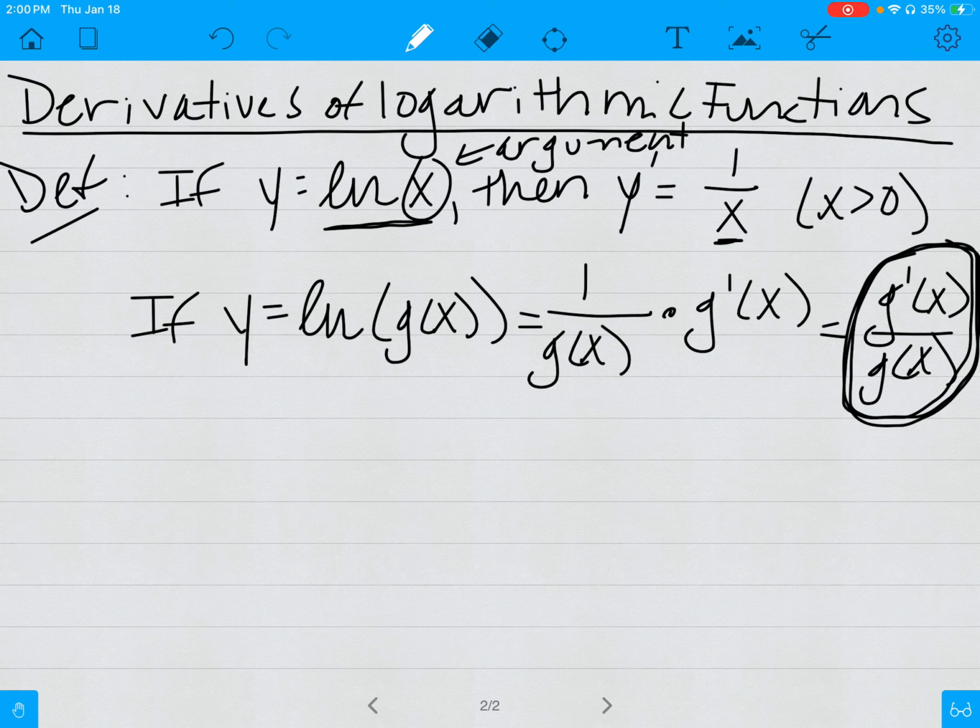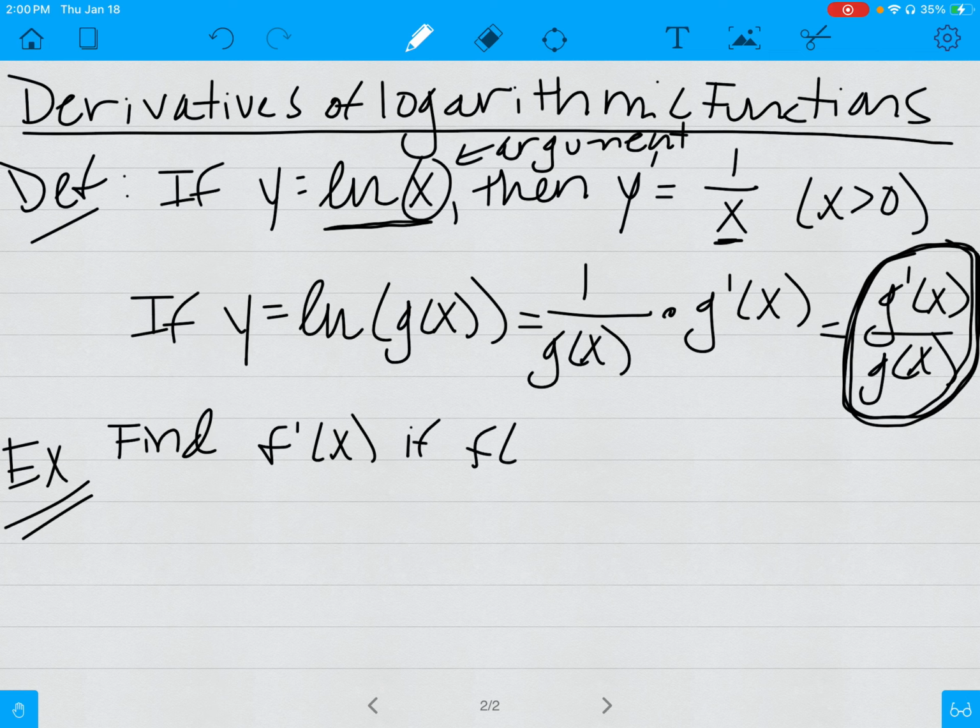Okay, so let's take a look at an example. Let's say we want to find f prime of x if f of x is equal to the natural log of 4x cubed minus 17x plus 6. Okay, so this is what we want to find.